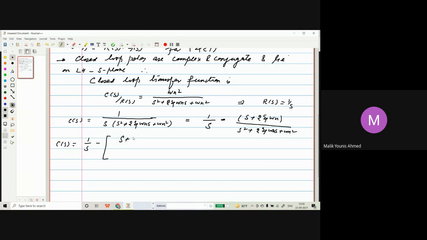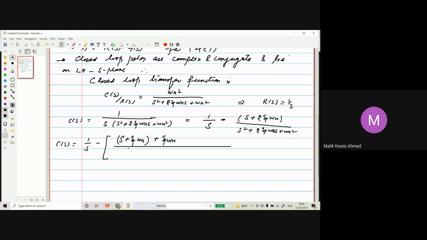So I will break down this 2 xi omega n into two terms. The denominator I will have is S plus xi omega n whole square. How can I get this? Let me write it for you.